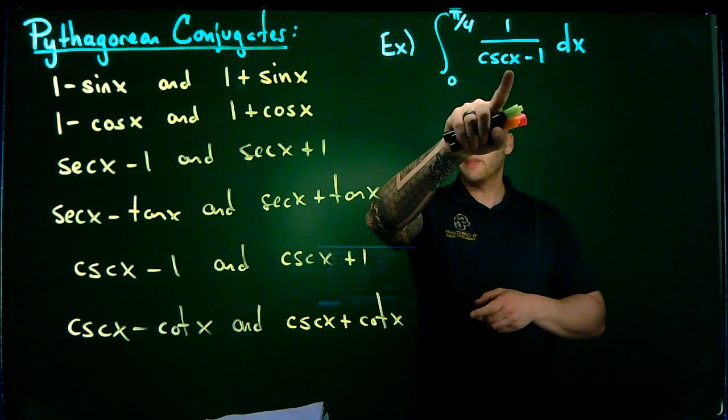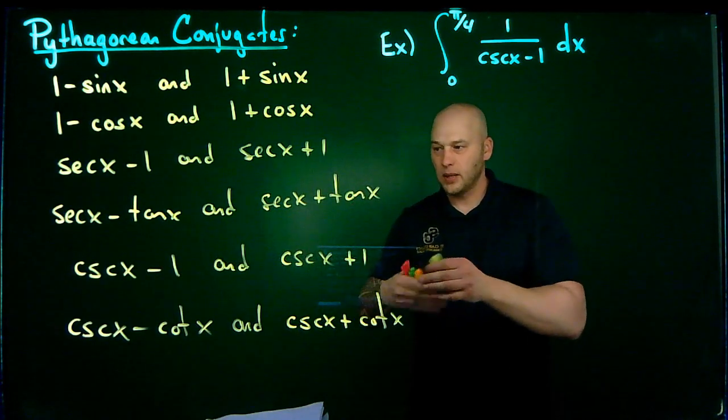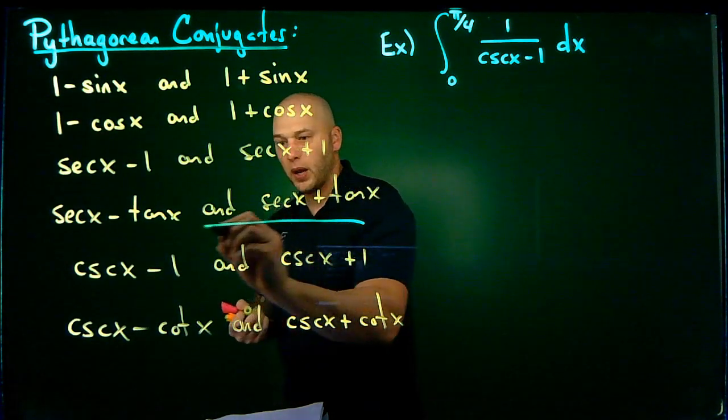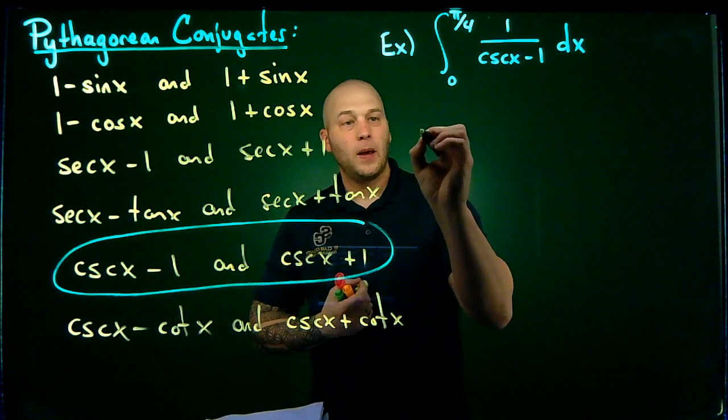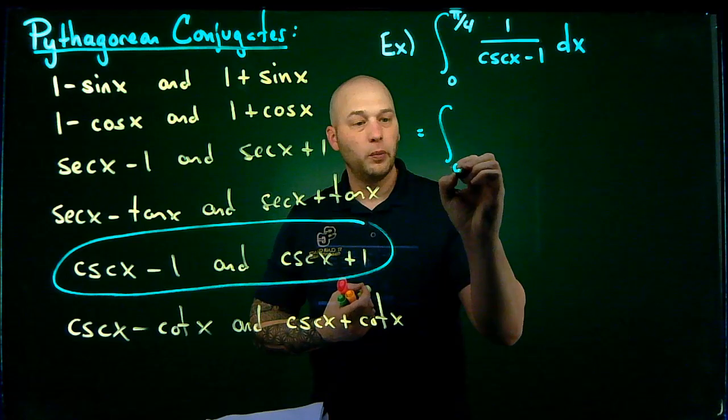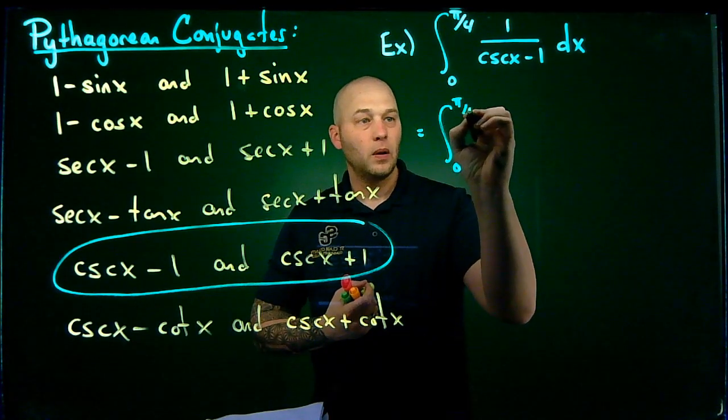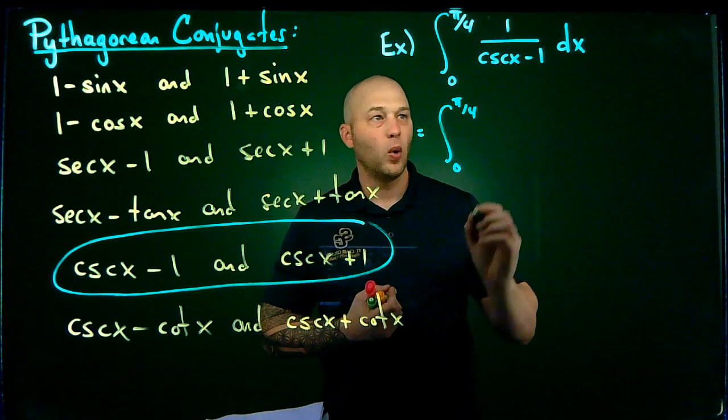Since I've got cosecant minus 1, that tells me that I'm going to use this pair right here. And here's how this works. I'm going to multiply top and bottom by cosecant plus 1.